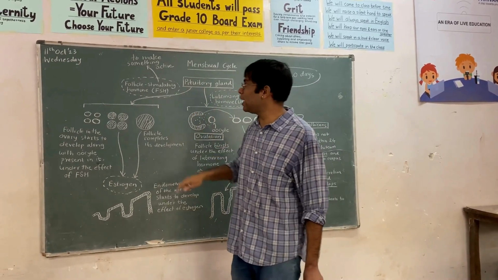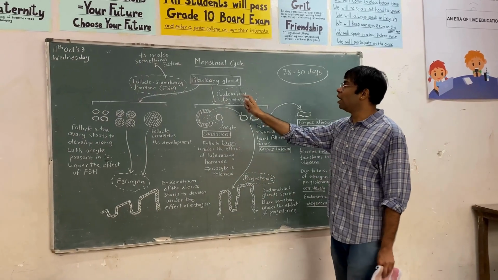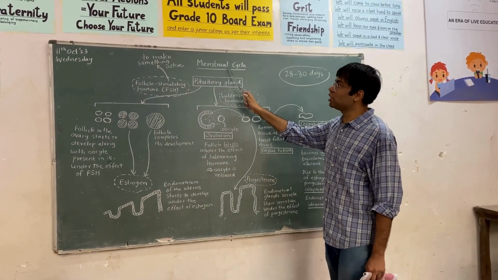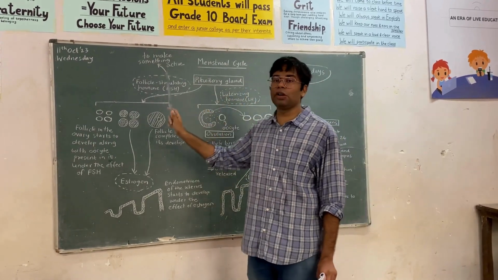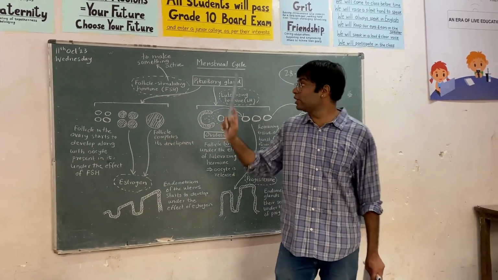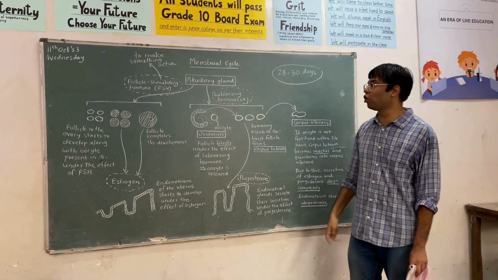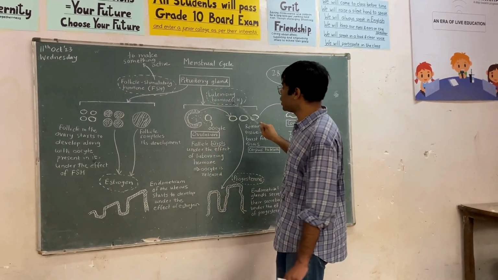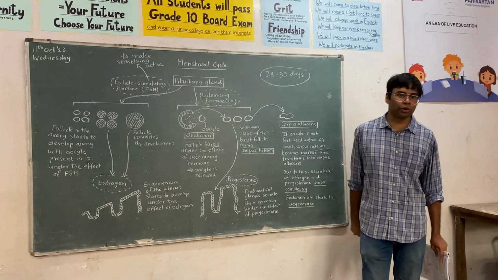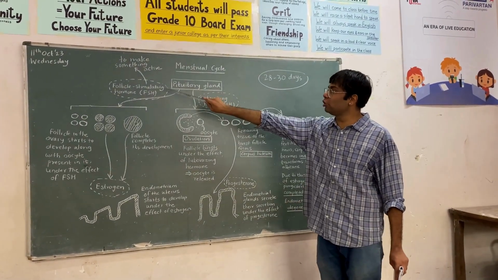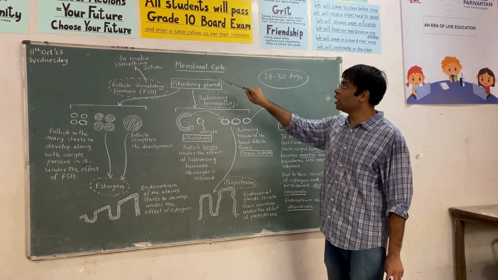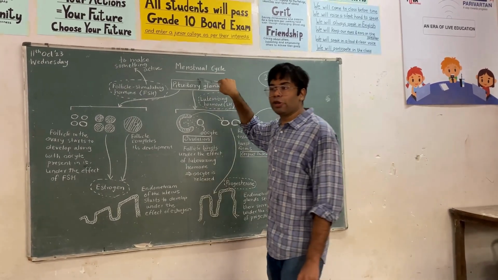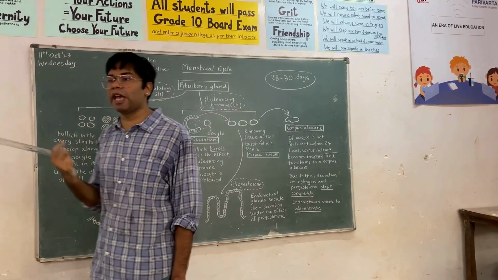Right? So I'll quickly revise. The entire menstrual cycle is controlled by 4 hormones: the follicle stimulating hormone, estrogen, luteinizing hormone, and progesterone. Out of which follicle stimulating hormone and luteinizing hormone are secreted by the pituitary gland, which is located at the base of your brain.